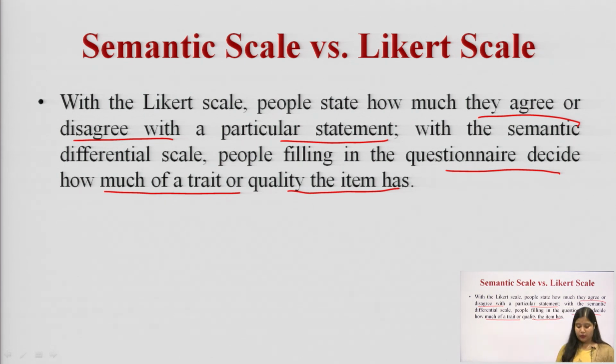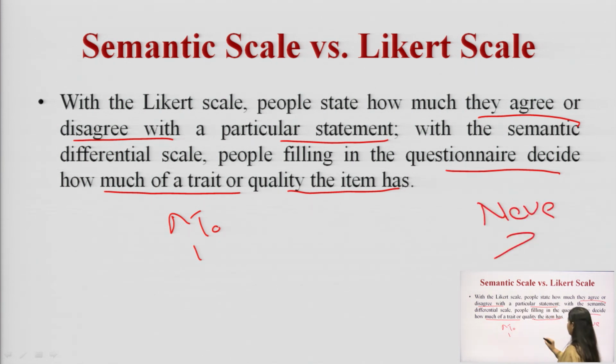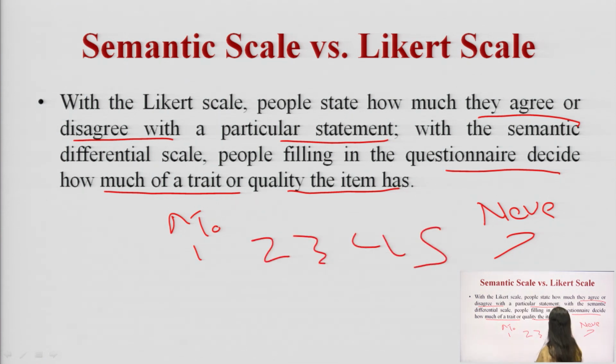Take an example: you ask the customer how frequently they like to visit your store. There may be the option mostly, and you give the respondent options from 1 to 7, where the other end is never, with 2, 3, 4 and 5 in between.